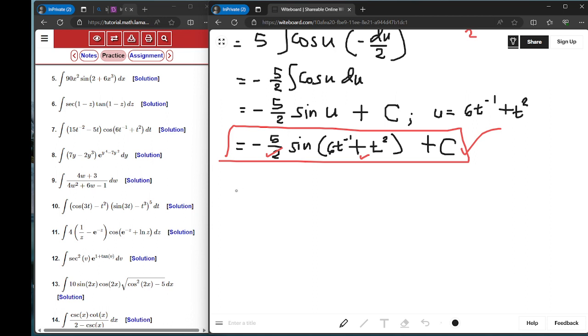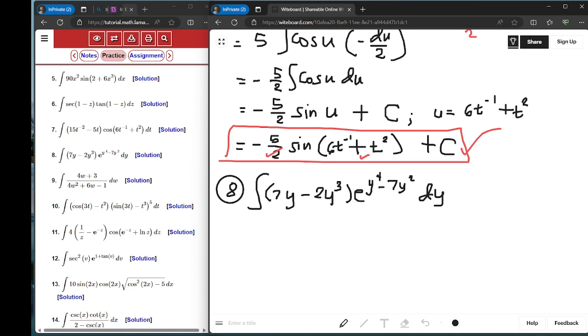So this is 8 times the integral of the quantity of 7y minus 2y cubed times e to the y to the power of 4 minus 7y to the power of 2, and we have the dy.